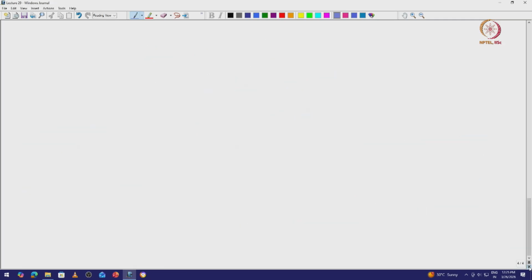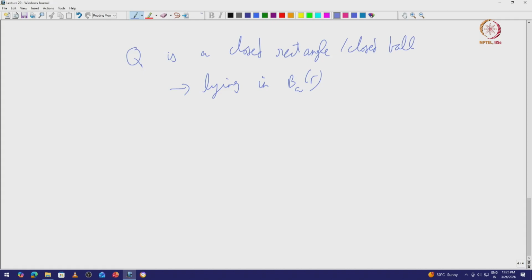Firstly, Q is a closed rectangle, or if you prefer, a closed ball, whichever you prefer, lying entirely in B_A(R) around A. Obviously there are infinitely many closed balls around A lying completely within B_A(R).